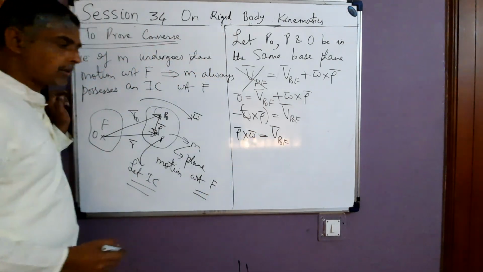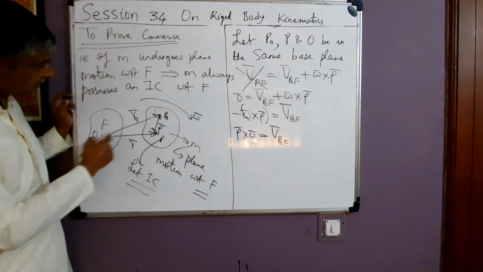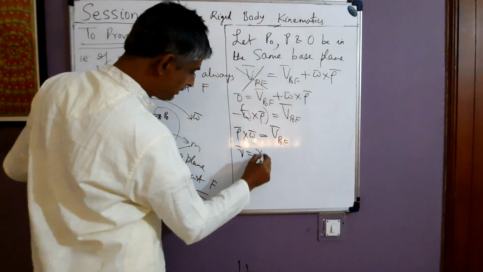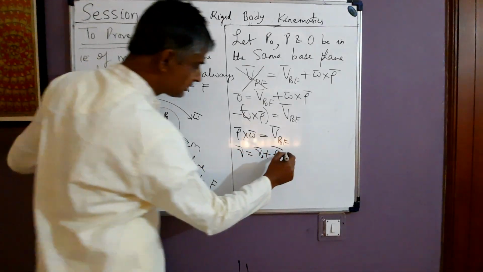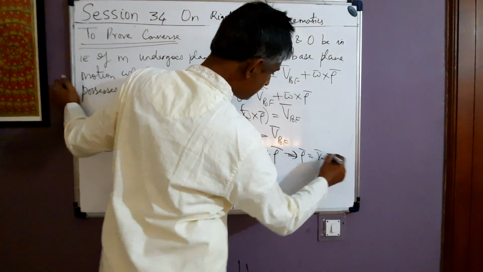Now from the triangle law, R is equal to R naught plus rho. So vector rho is equal to vector R minus vector R naught.